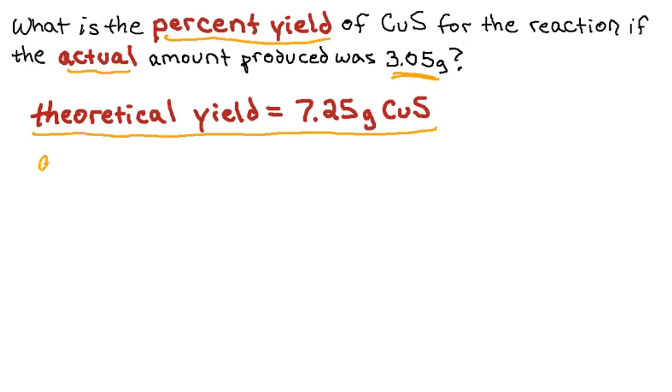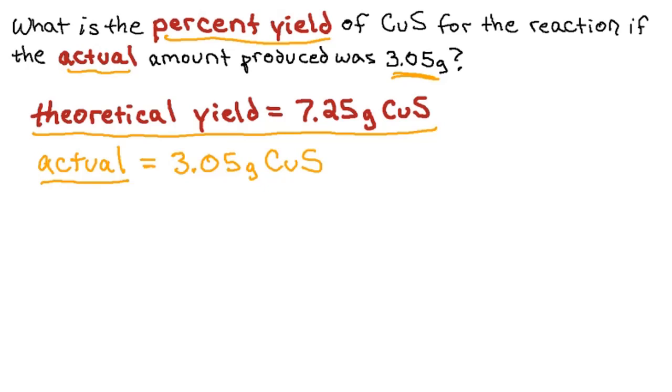Now the actual yield, and this is what I was talking about, once you get in the lab, you're not actually going to make 7.25 grams of CuS. You're only going to make a small amount of that. So the actual yield is, and they give that to us, 3.05 grams of CuS.